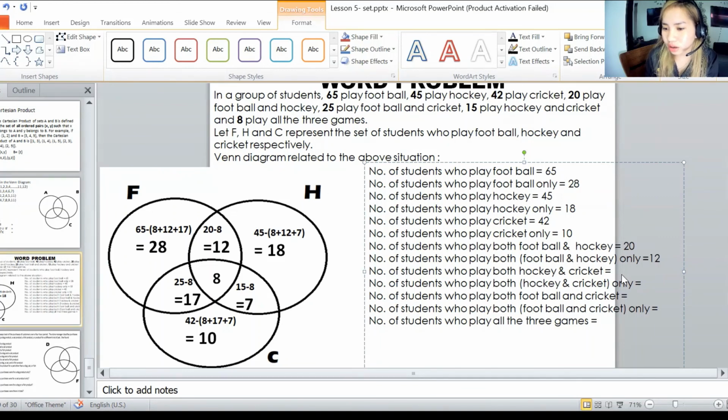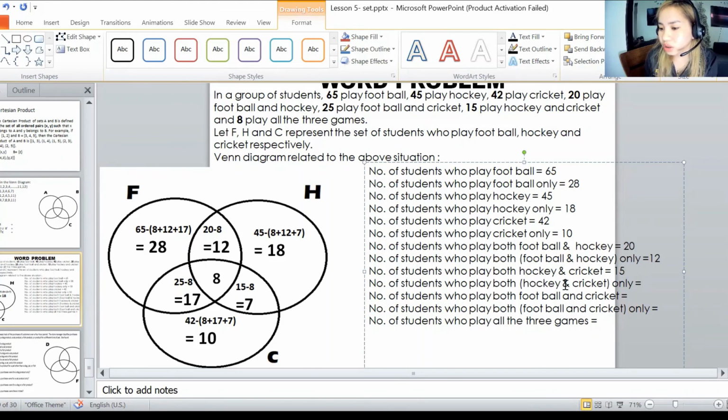Next, we have a student who play both hockey and cricket. So yan, hockey and cricket daw po. Tingin tayo dito sa hockey and cricket. So meron tayong 7 na naglalaro plus yung 8 kasi po dun sa 3 games, nilalaro din po nila yung hockey tsaka cricket. So 8 plus 7 is equal to 15.